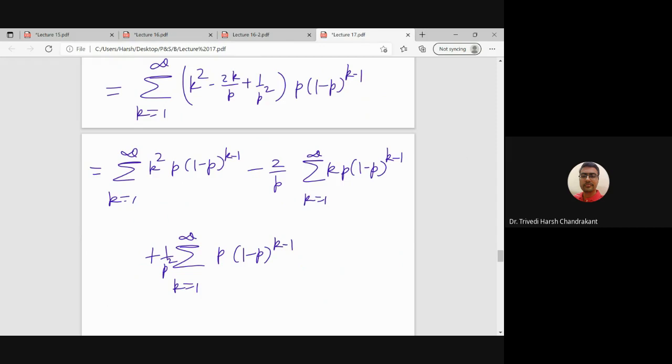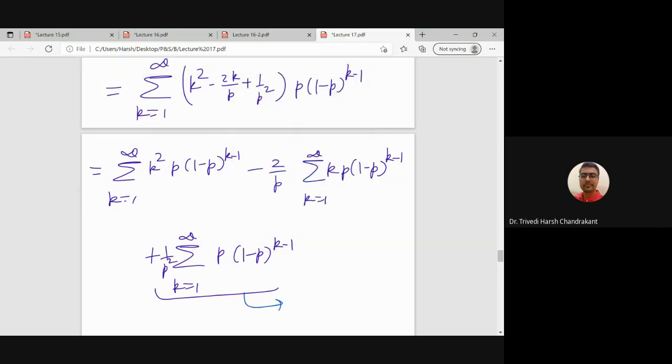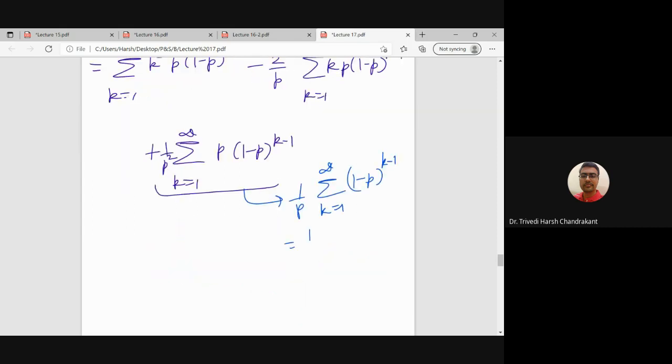So this last one is a geometric series, right? If you cancel one p, then that is a geometric series. What is the sum of this series? That is 1 by p times the summation of (1 minus p) power k minus 1 from 1 to infinity. What is the first term?